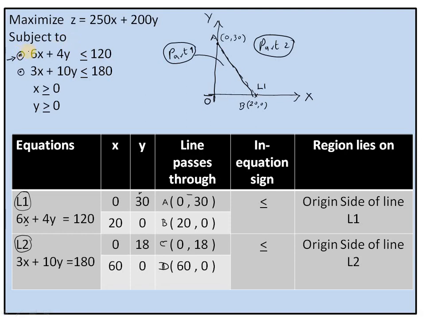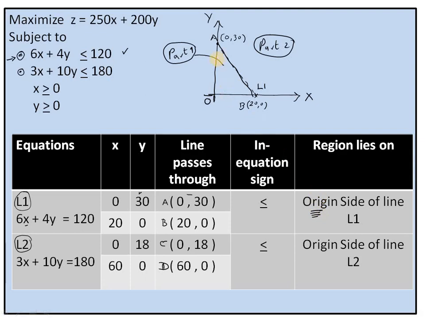Look again. If I put x as 0 and y as 0, it means I have put the coordinates of the origin. 0 plus 0, 0. The left hand side becomes 0. That is less than 120. So the origin is satisfying this inequality, so my region is on the origin side.